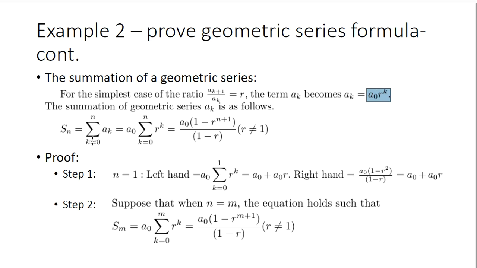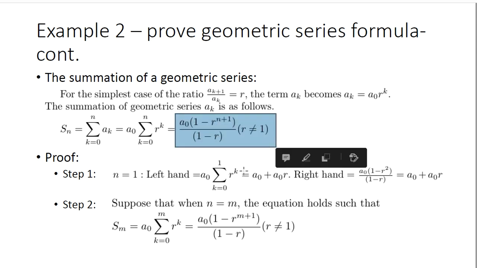In this case, we start with k equals 0. The sum of a sub k, for k from 0 to n, can be represented as a sub 0 times the sum of r to the power k, k equals 0 to n. That can be represented by this formula.